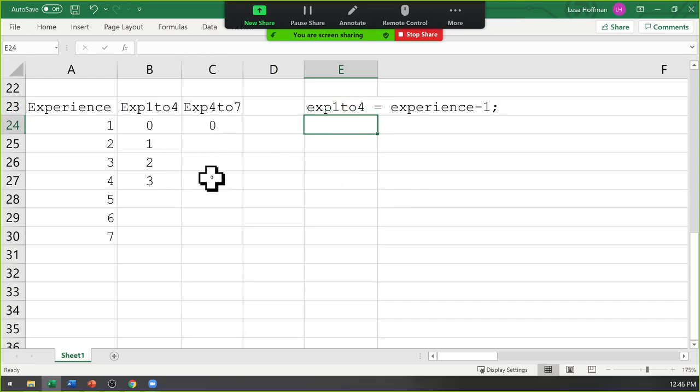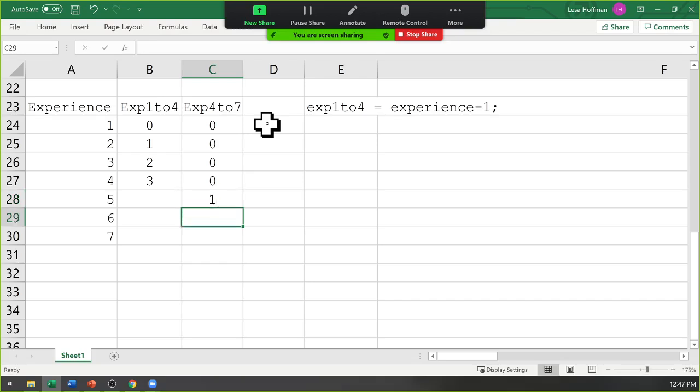So let's do the other side. I want this slope to capture the change in experience as we go from 4 to 7. Up to this point, it's not relevant. It's not activated yet. So I'm going to zero that out. Now I want it to turn on after 4. So relative to 4, how much more is experience equals 5?